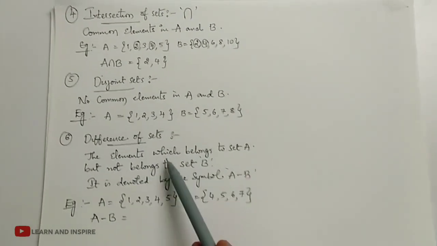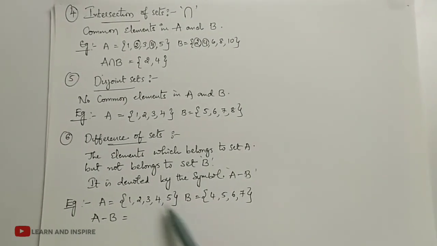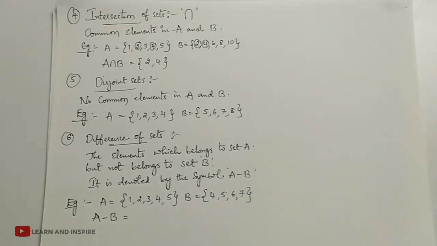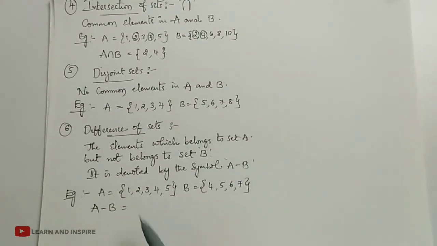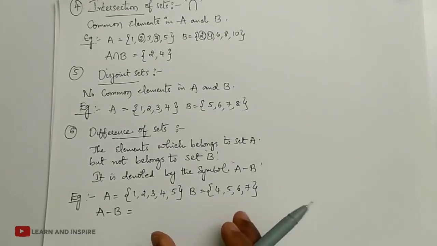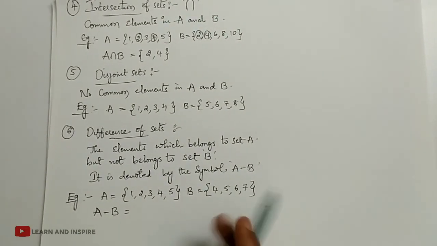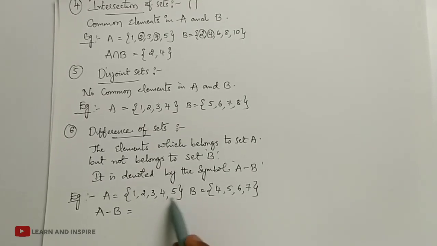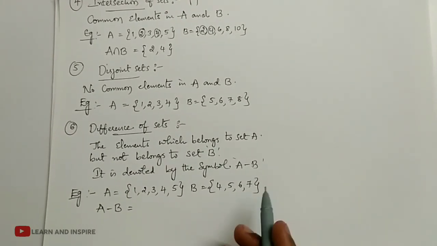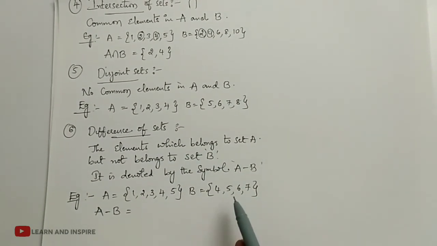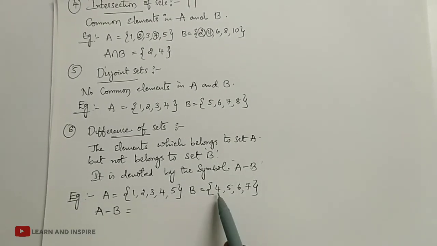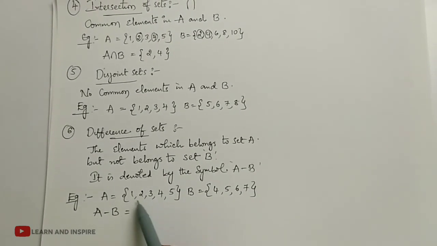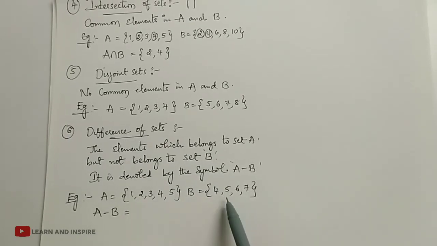Difference of sets is the elements which belong to set A but do not belong to set B. So in set A, what are the elements not in set B? 4 and 5 are the elements in both set A and set B. But which are not the elements in set B? 1 2 3 are not the elements in set B.